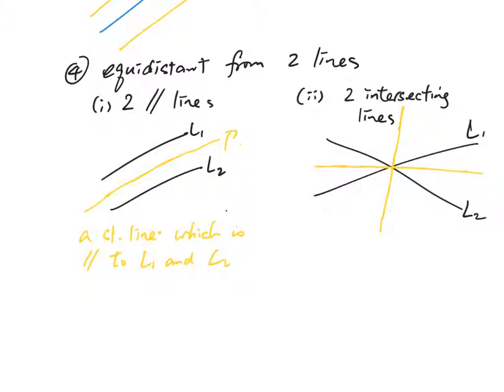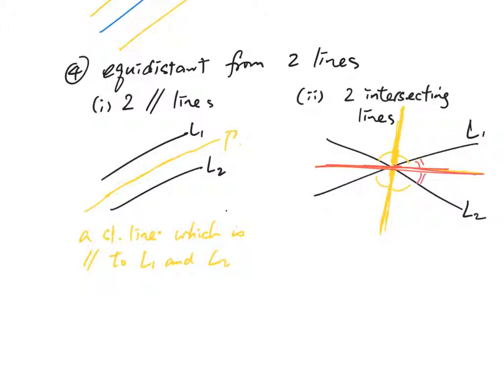And then we need to find some ways to describe the feature of these lines. Can you see that this yellow line is a line of symmetry of L1 and L2? Which means these two angles are the same and these two angles are the same. Similarly, for this red line, another locus, it is also a line of symmetry of L1 and L2.